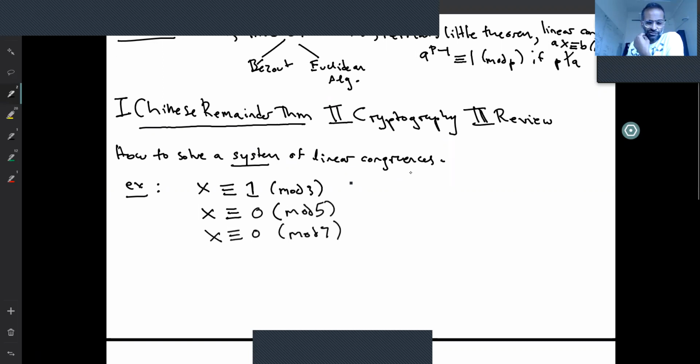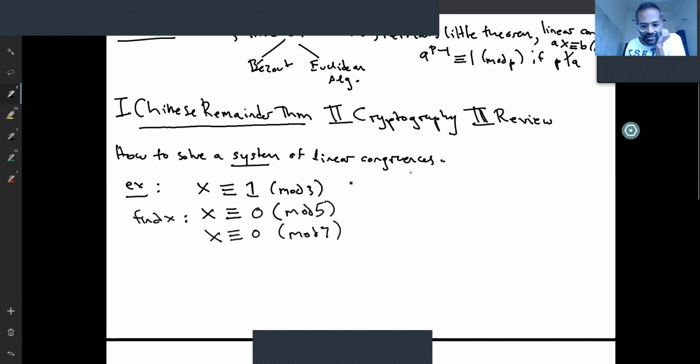Any ideas on how I might find such a number? I admit it's not very easy. You could just look for successive multiples of 5 and 7.